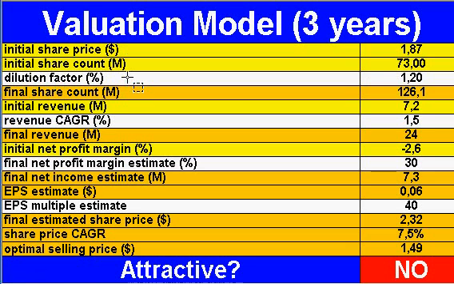I expect revenues to grow 50% a year for the next 3 years, and even with this very optimistic final net profit margin estimate of 30%, and considering the company will trade at the industry average earnings per share multiple of 40, I still find the stock not attractive. It will grow just 7.5% a year, and I want at least 16%. And there are a lot of risks to these estimates, so I really don't like this stock.